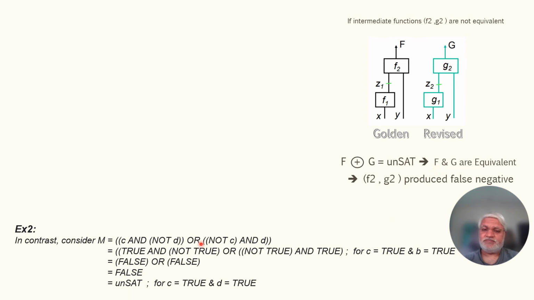Then we will say F2 and G2 are actually producing a false negative. That means based on BDD this appears to be non-equivalent, but when you take the entire circuit of F and the entire circuit of G, consisting of F2 and G2 respectively, they are equivalent, so this can be considered a false negative.